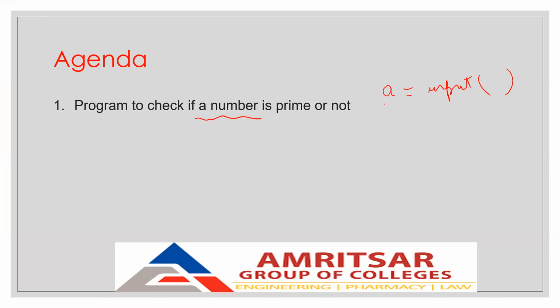When this number is passed, the program will check whether this number is a prime number or not. If it is a prime number, we get the output, yes, it's a prime number. Otherwise, the program will check it and return that this is not a prime number.